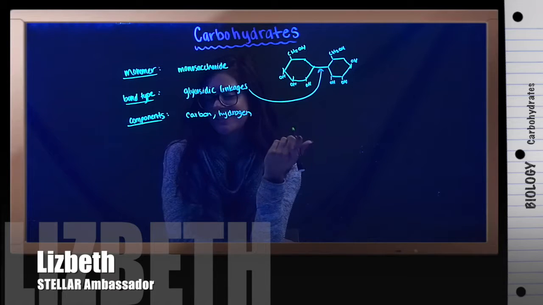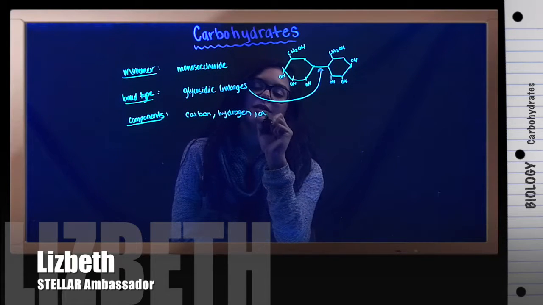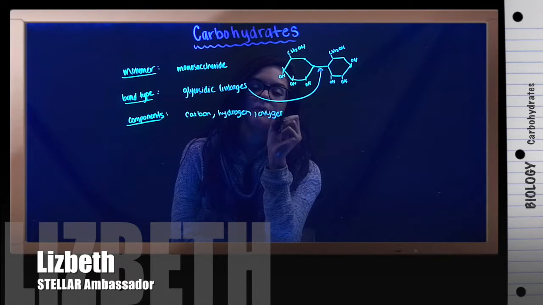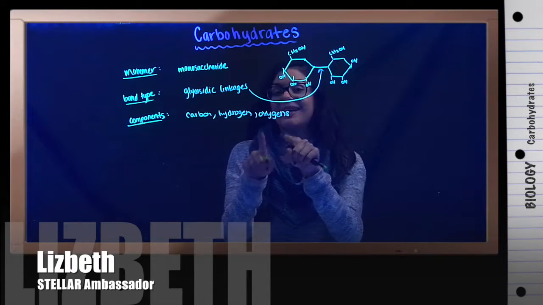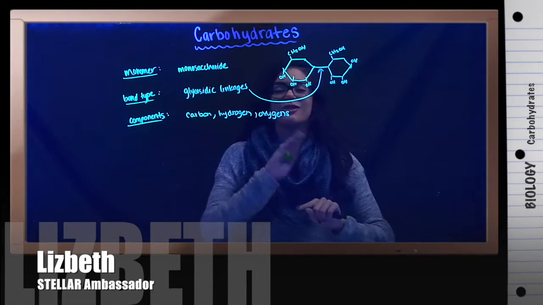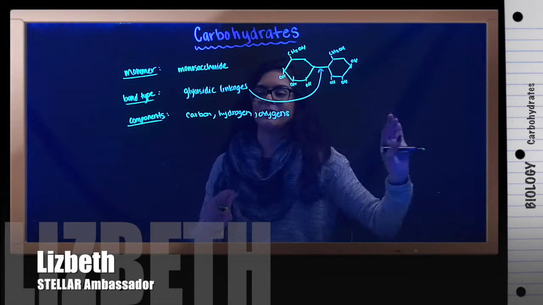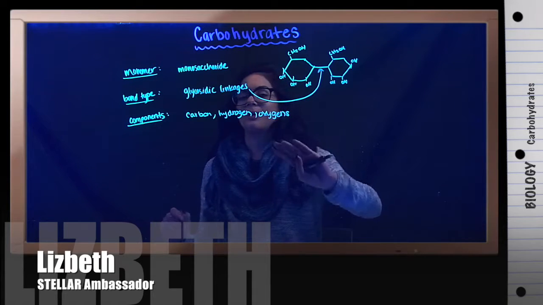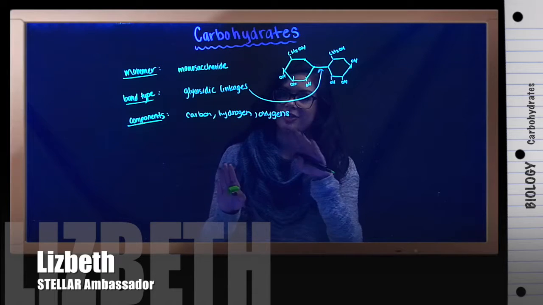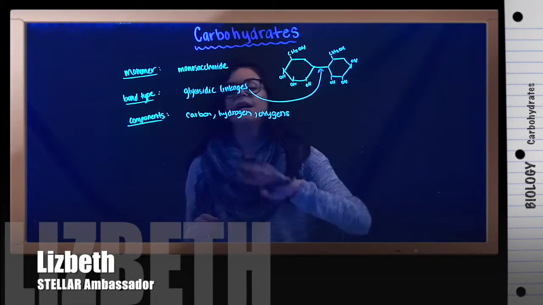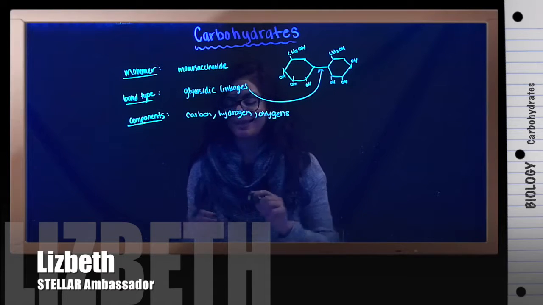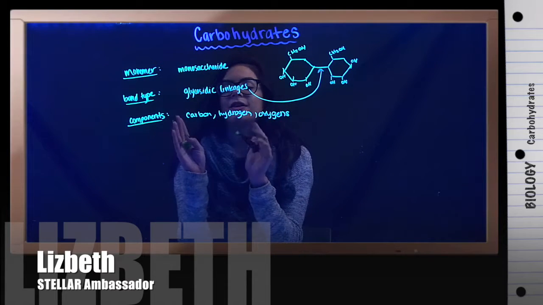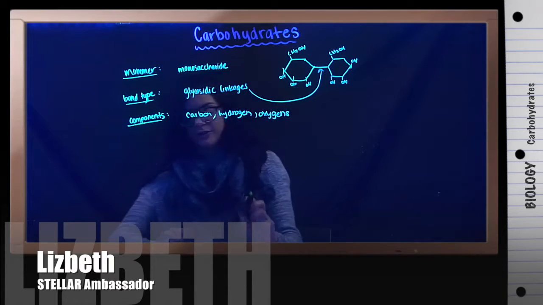If you have carbons, you're usually going to have hydrogens. And we also have oxygens here. The presence of oxygens is what differentiates sugars from lipids. Lipids only have carbons and hydrogens, while carbohydrates will have oxygens in them. So that's pretty cool. And the reason for that is there's oxidations happening here, but we're not going to get into that. So the basic components are carbons, hydrogens, and oxygens.